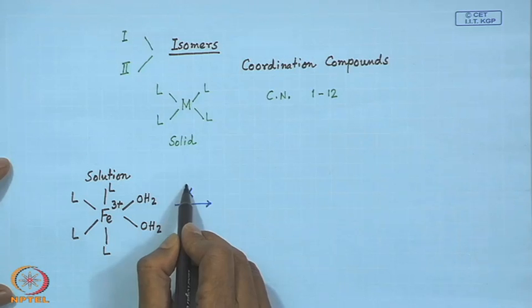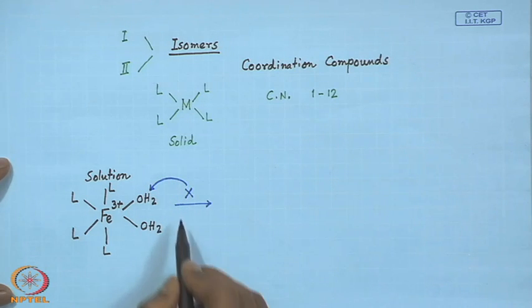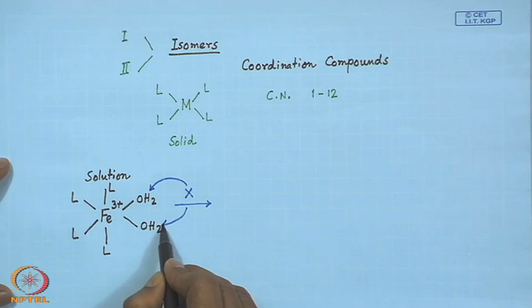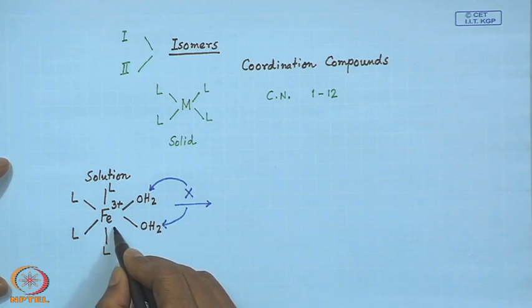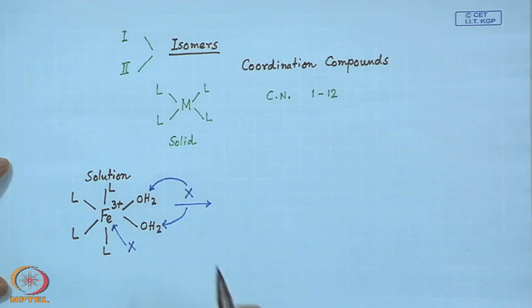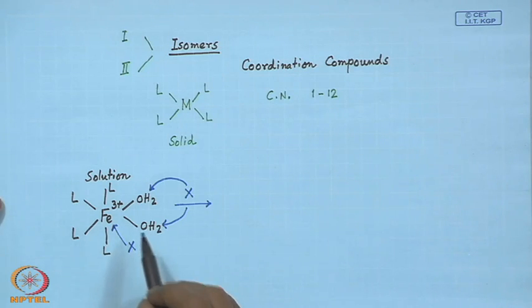So, how this particular X can replace this water molecule, or some other new arrangement can take place where the X can directly attack the particular metal center, that we can see through the different types of arrangements around the metal center.